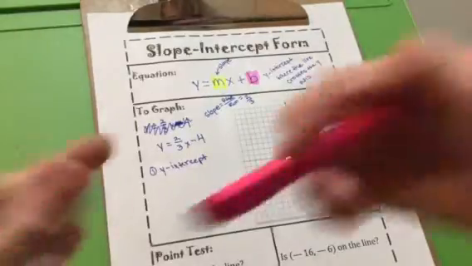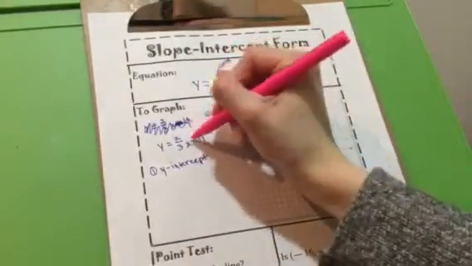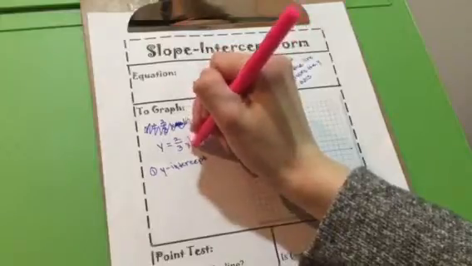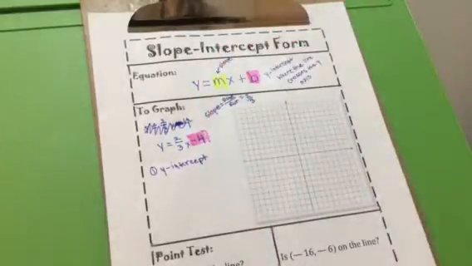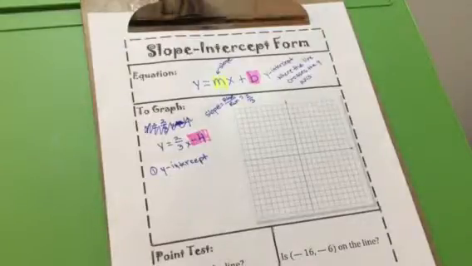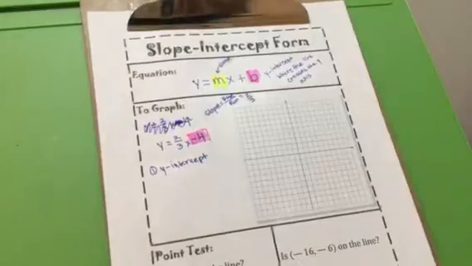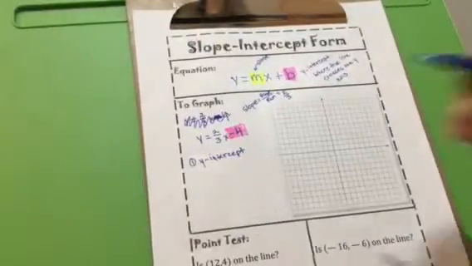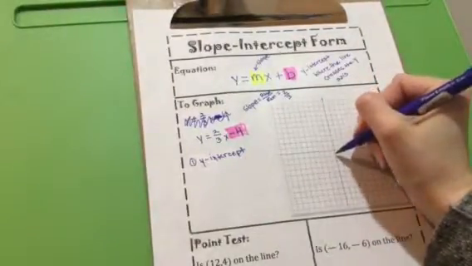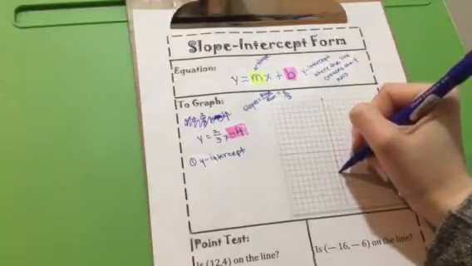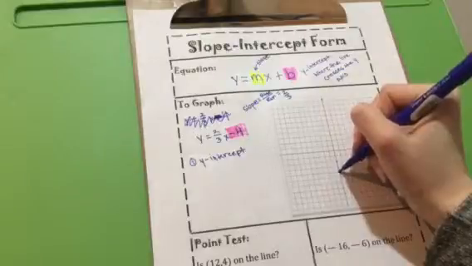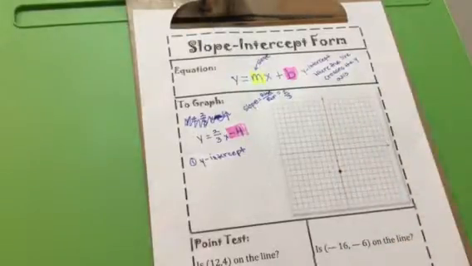Remember, again, it's the number that comes after the x, and we are going to take the sign with it. So because it's -4, I need to go down on the y-axis, -4, but I'm not going over any at all on the x. So I'm going to count down 1, 2, 3, 4. And I'm going to put a nice big dot here. This is my y-intercept.